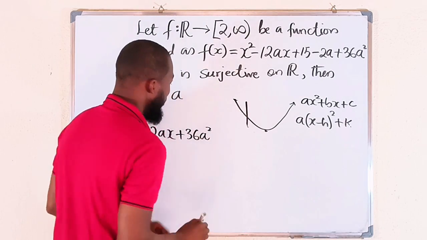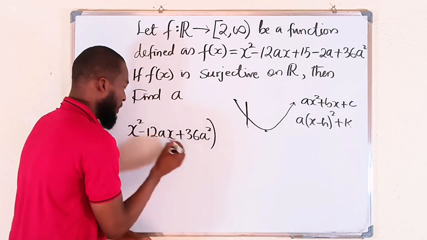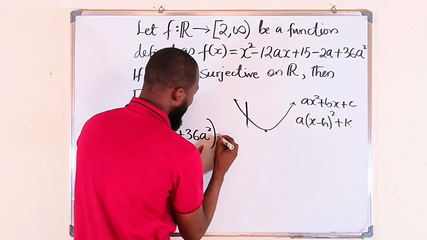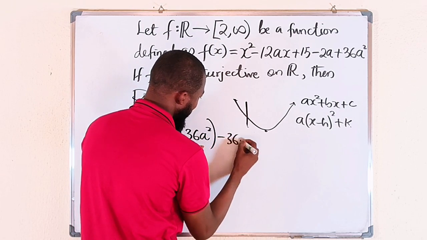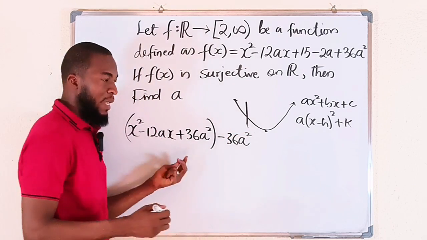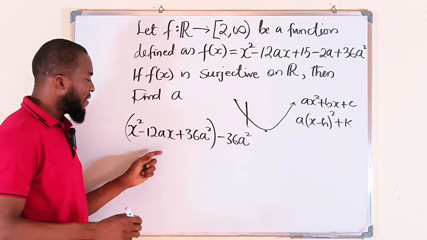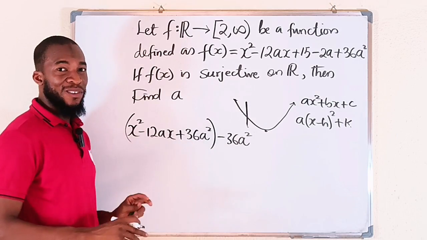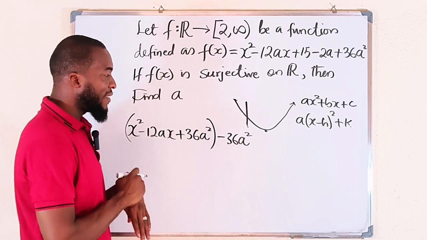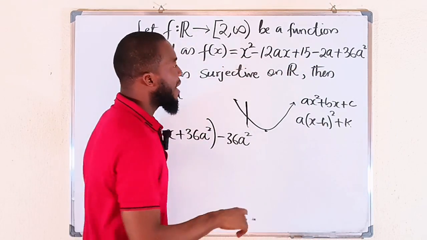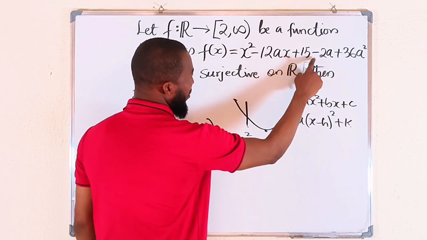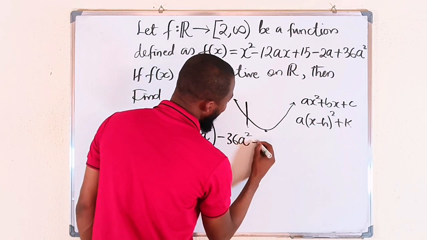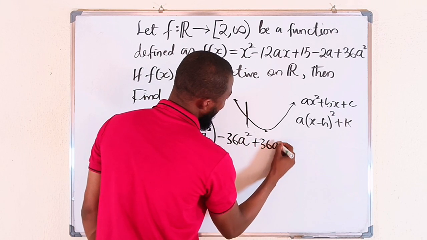But remember, you added this, therefore you have to take it away to compensate. Minus 36a squared. So this is the same thing as x squared minus 12ax because this minus this is 0. So it's like we have not added anything. Then add the rest of the terms. We have 15 minus 2a plus 36a squared, but I would like to write 36a squared first.